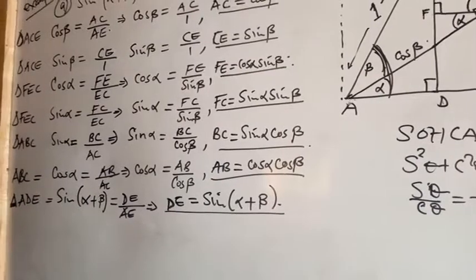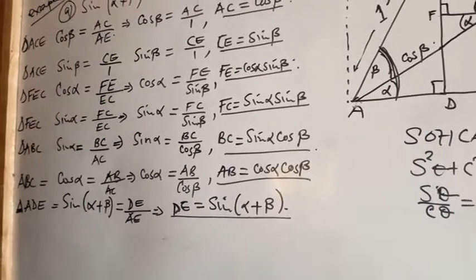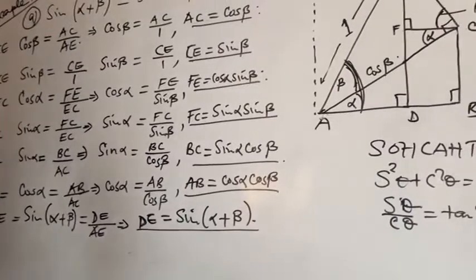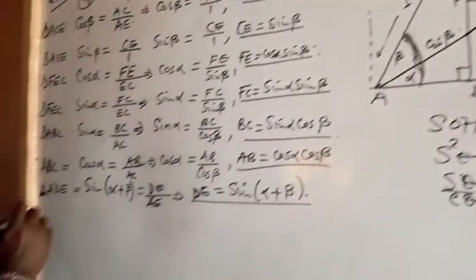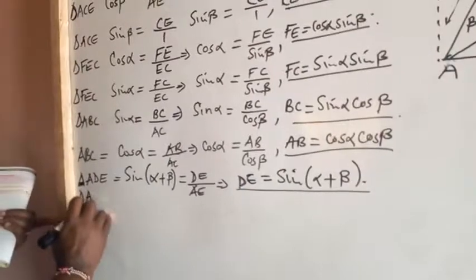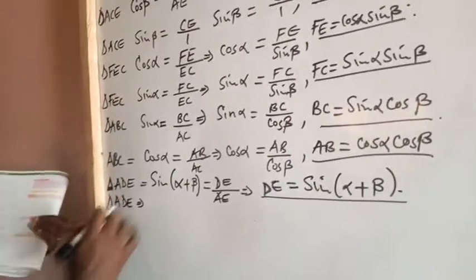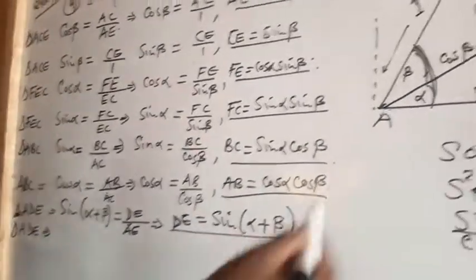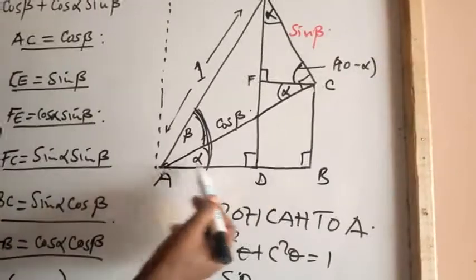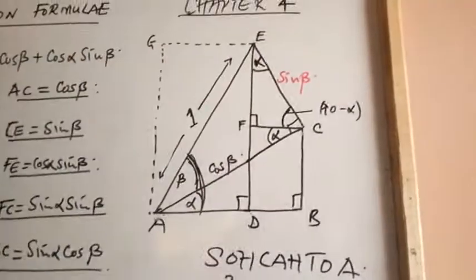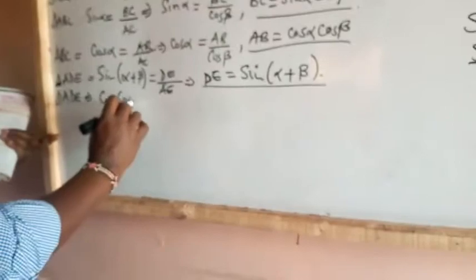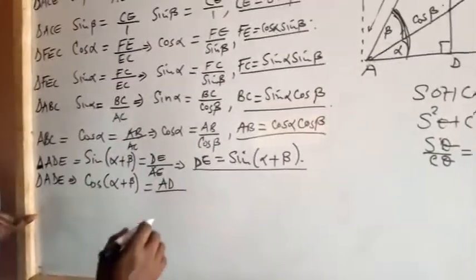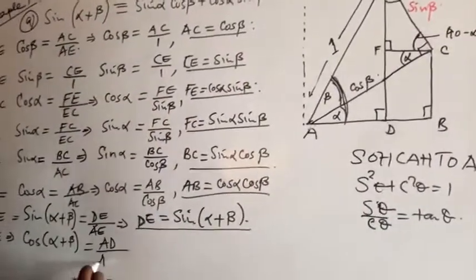Now, using the same triangle ADE, you can talk about the cosine of alpha plus beta, the whole angle, which is adjacent over hypotenuse. The cosine of alpha plus beta is going to be the adjacent AD all over the hypotenuse, which is AE.